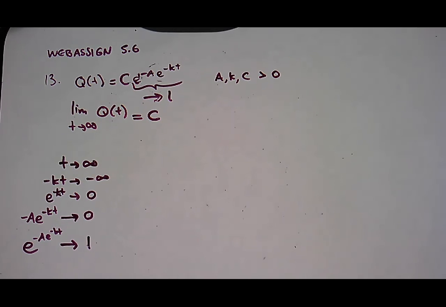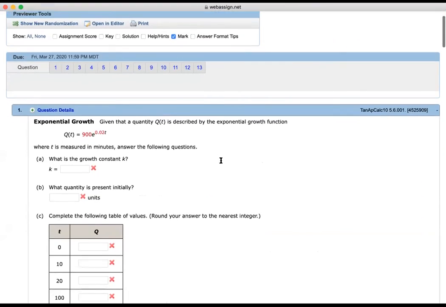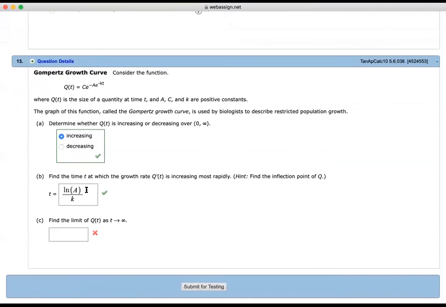So let's take a look back at our answers here and make sure we have everything good. Okay, so we have here problem 13. I put in our increasing behavior. I put in our inflection point where the growth rate is increasing most rapidly.